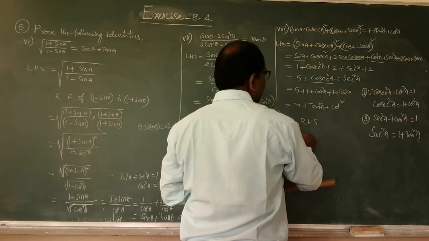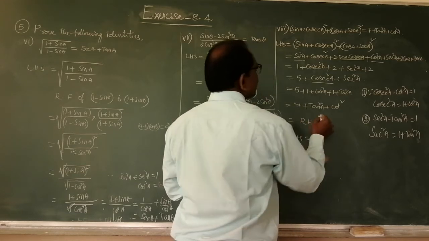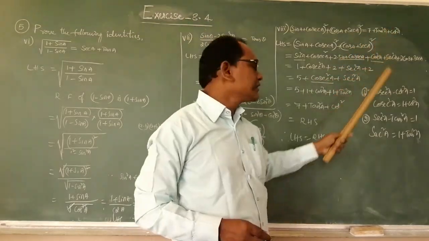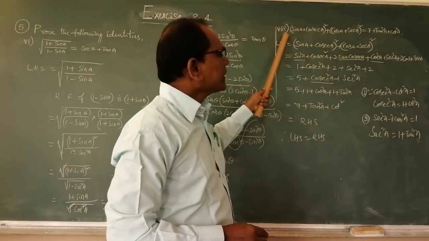Therefore LHS equals RHS. This is 7 plus tan square A plus cot square A. So this is the solution of the 8th one.